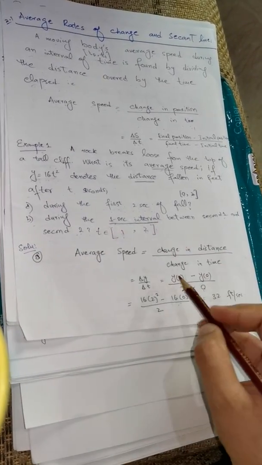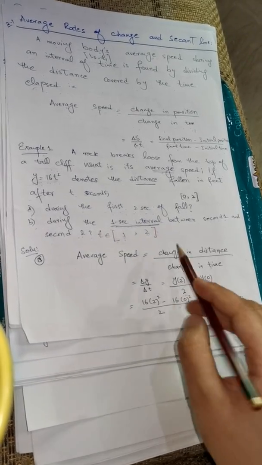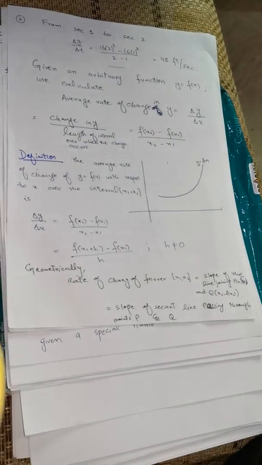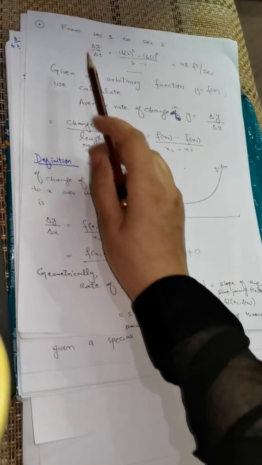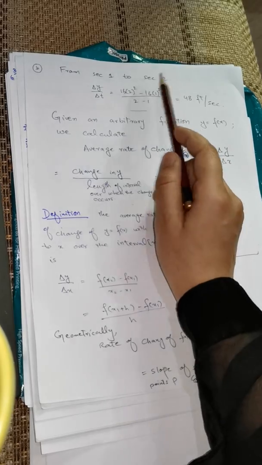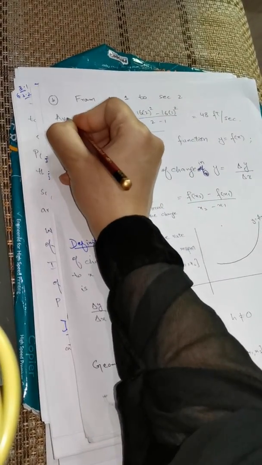According to this formula, we have to calculate y of 2 minus y of 1 divided by 2 minus 1. For part B, from second 1 to second 2, delta y over delta t is the average speed.